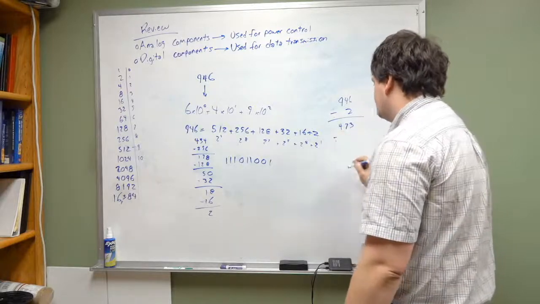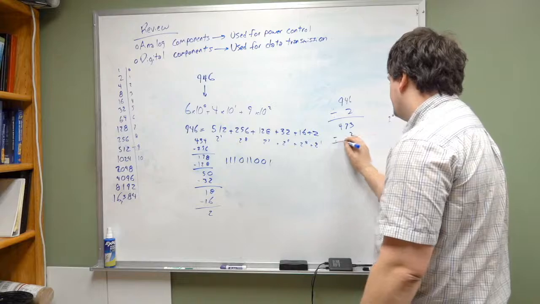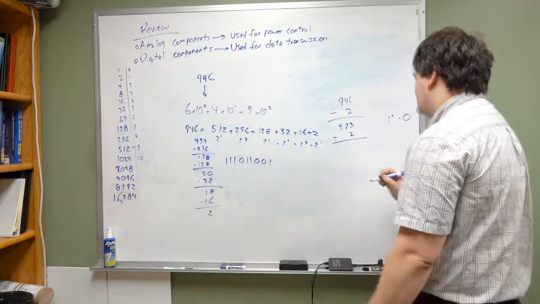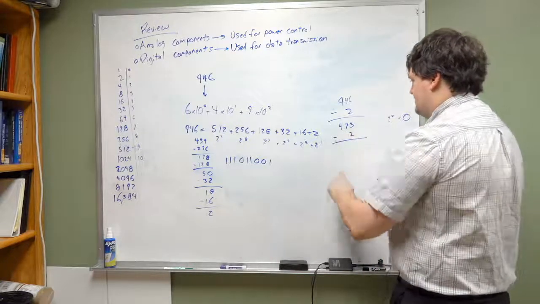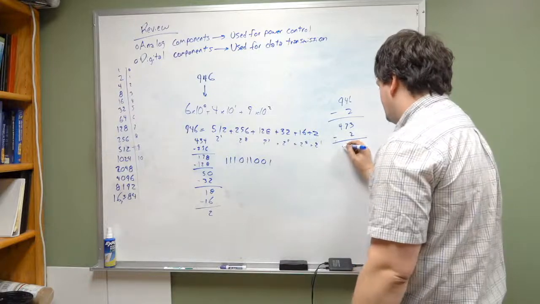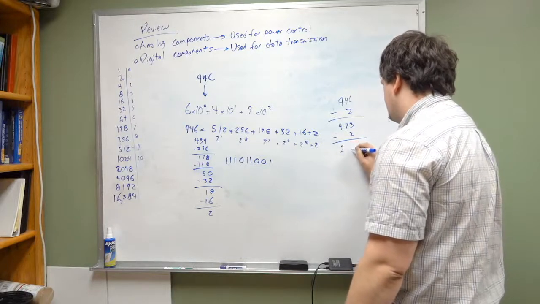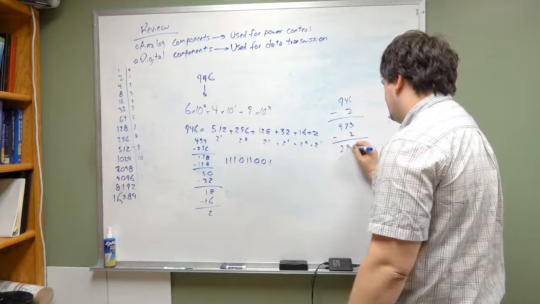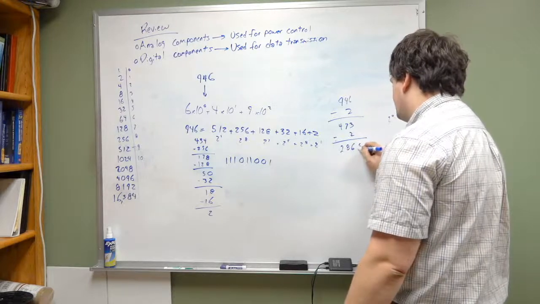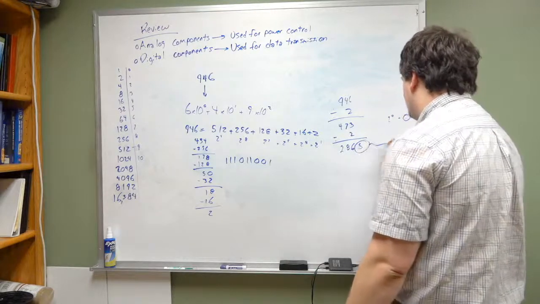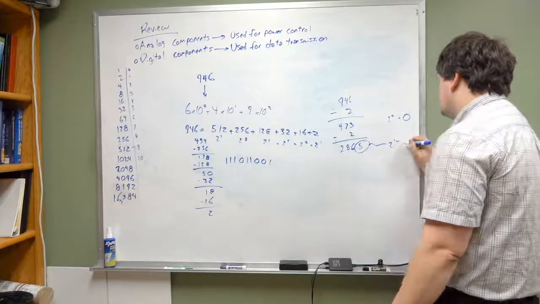Okay, so then we divide by 2 again, and we end up with 286.5. This 0.5 means that our 2 to the first is a 1.